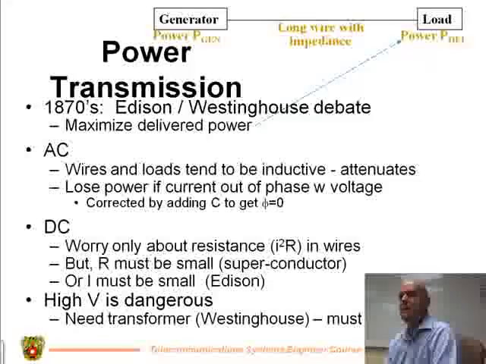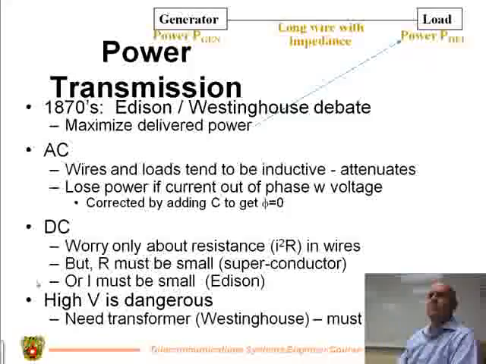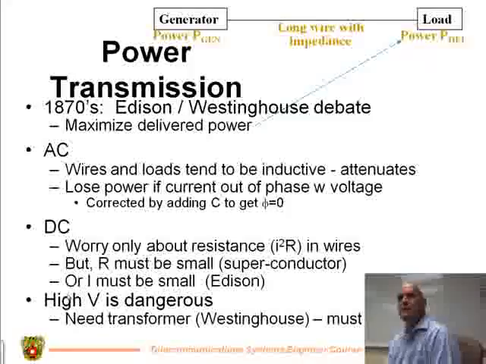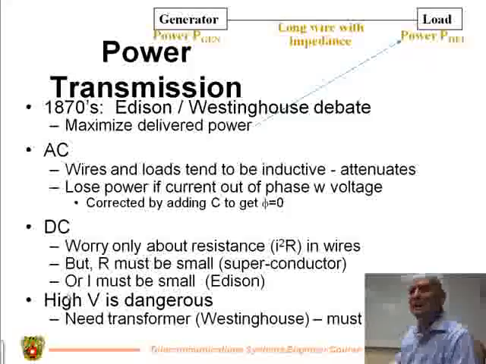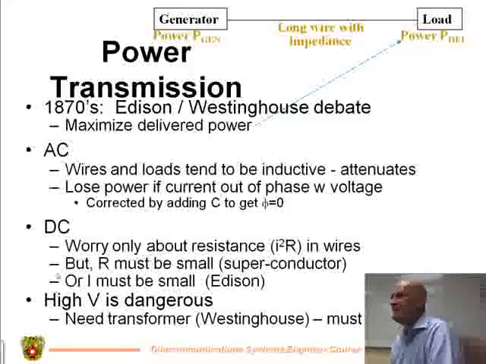So that's kind of what sunk Edison's DC idea, is that the DC voltage had to be really high and we couldn't transform it down. The only thing you could do was make a voltage divider and dissipate a bunch of it as heat. So it actually would have worked fine in the wintertime. Everyone would gather around the big resistors and keep warm, but not so well in the summer.